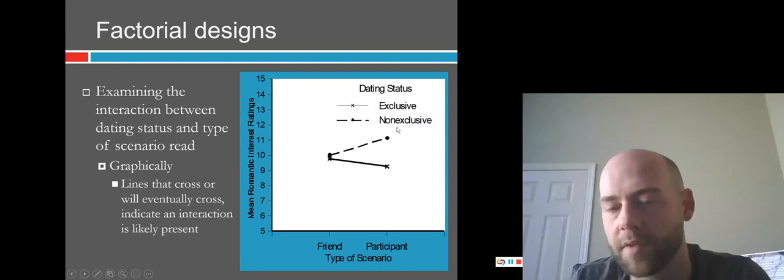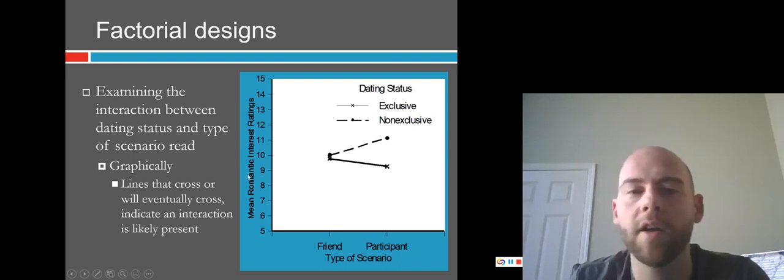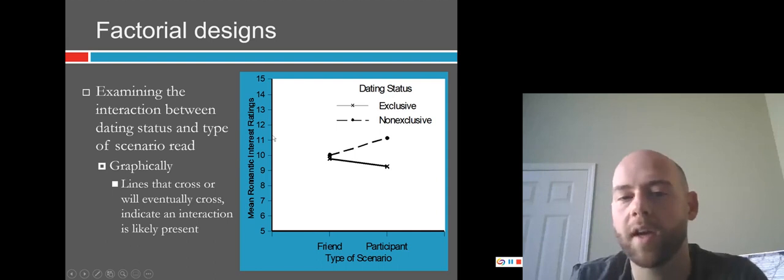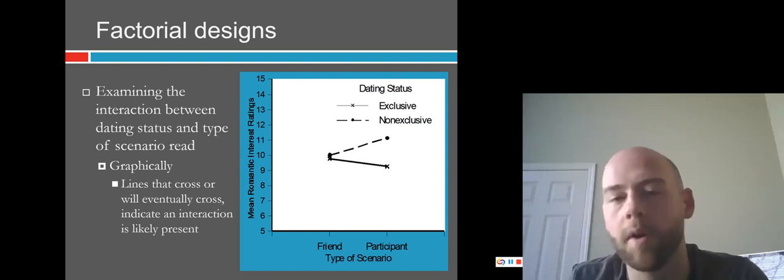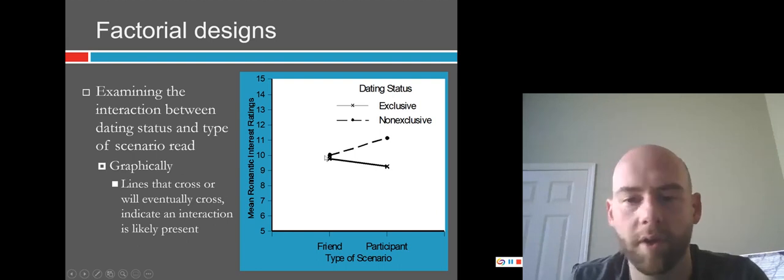So dotted line being non-exclusive daters, solid line being exclusive daters. And then the higher you go on the y-axis, the higher your outcome on your dependent variable is. So this one would indicate an interaction.